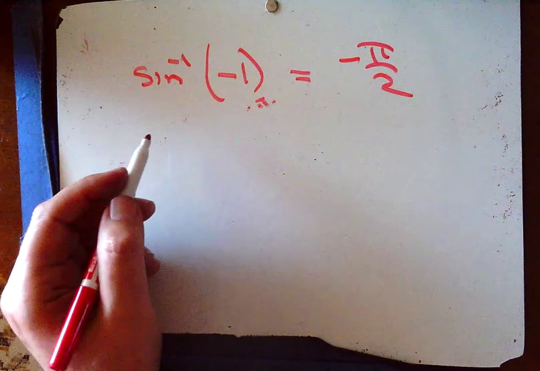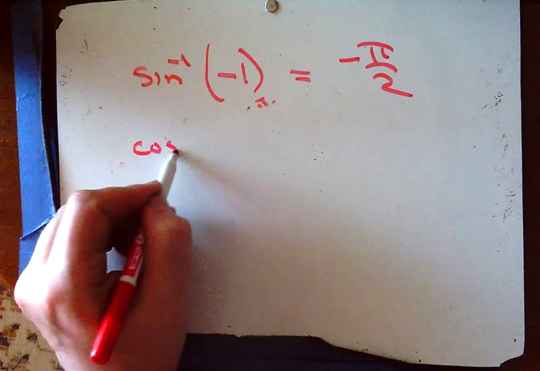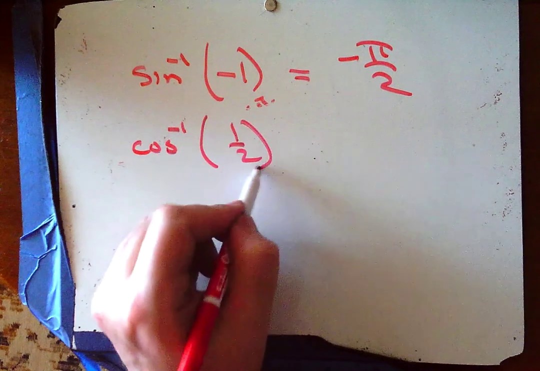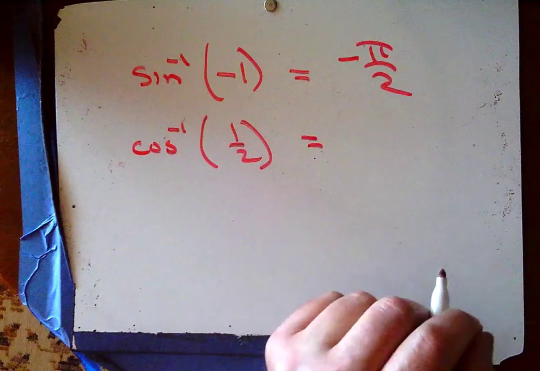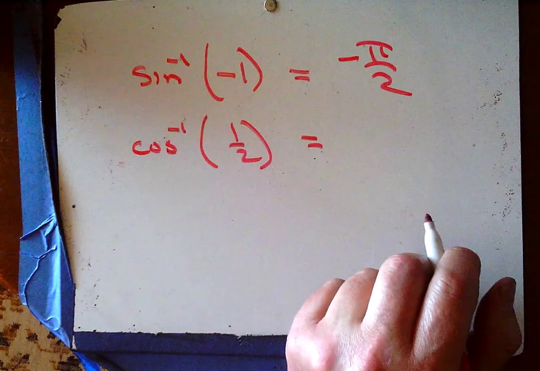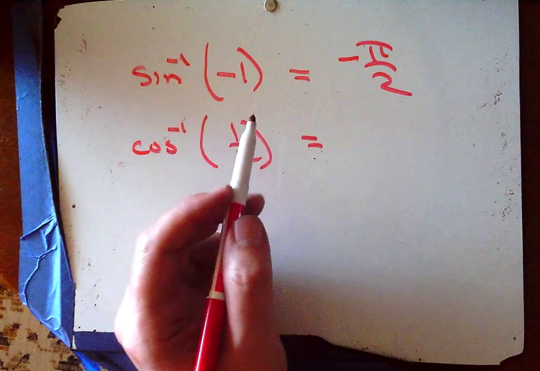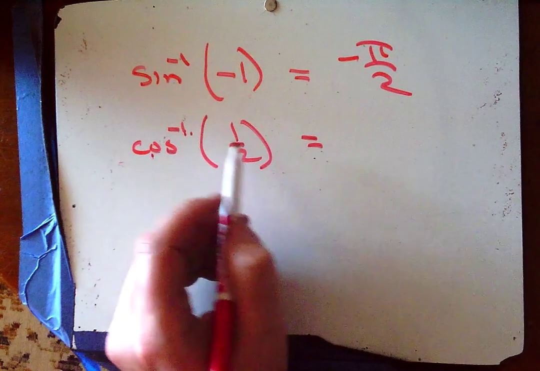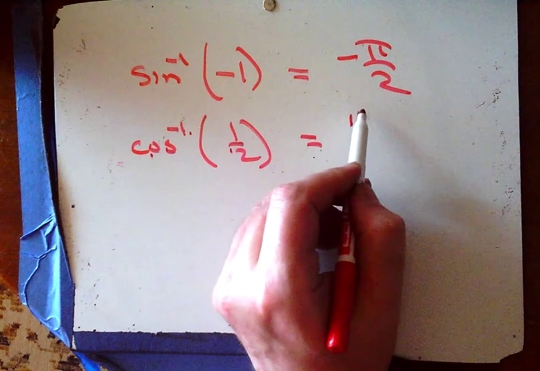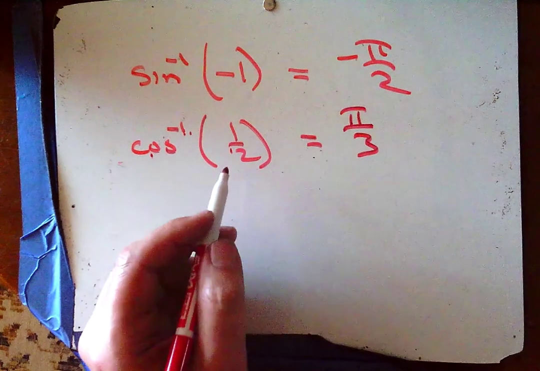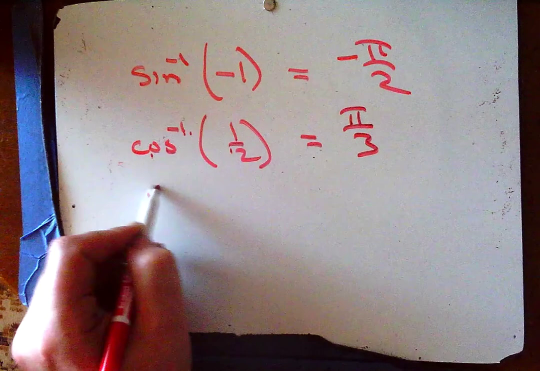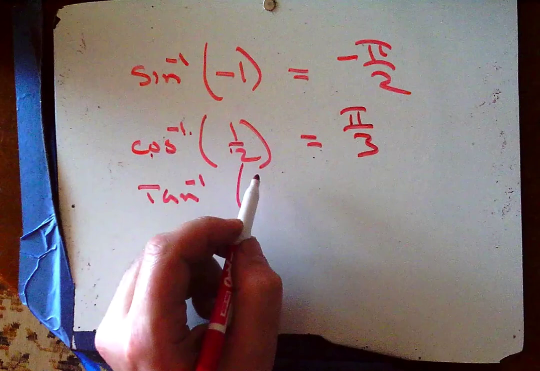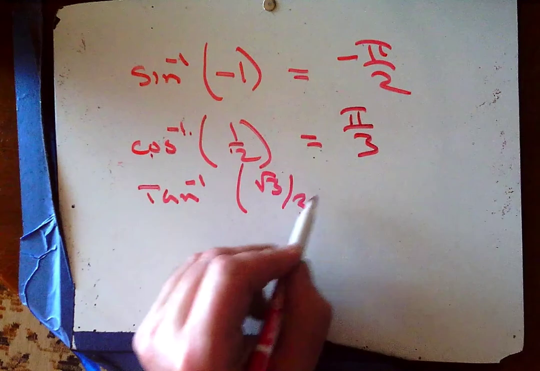All right, let's see if we can pick up the pace. Cosine inverse 1/2. 5, 4, 3, 2, 1. What angle within the restriction has an x value of 1/2? Pi over 3 does. Okay. How about tangent inverse root 3 over 3?